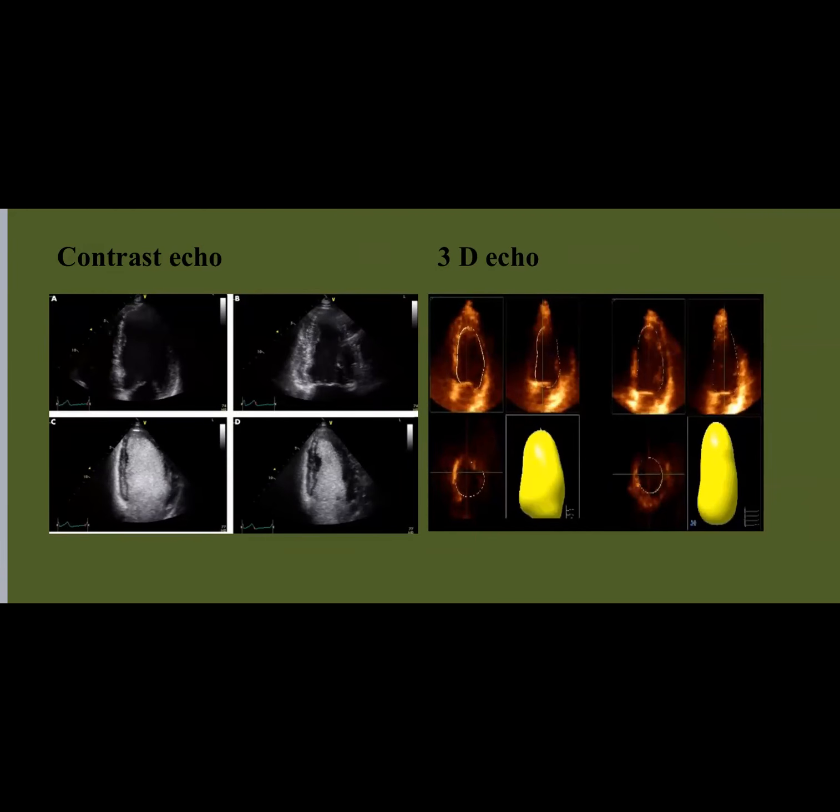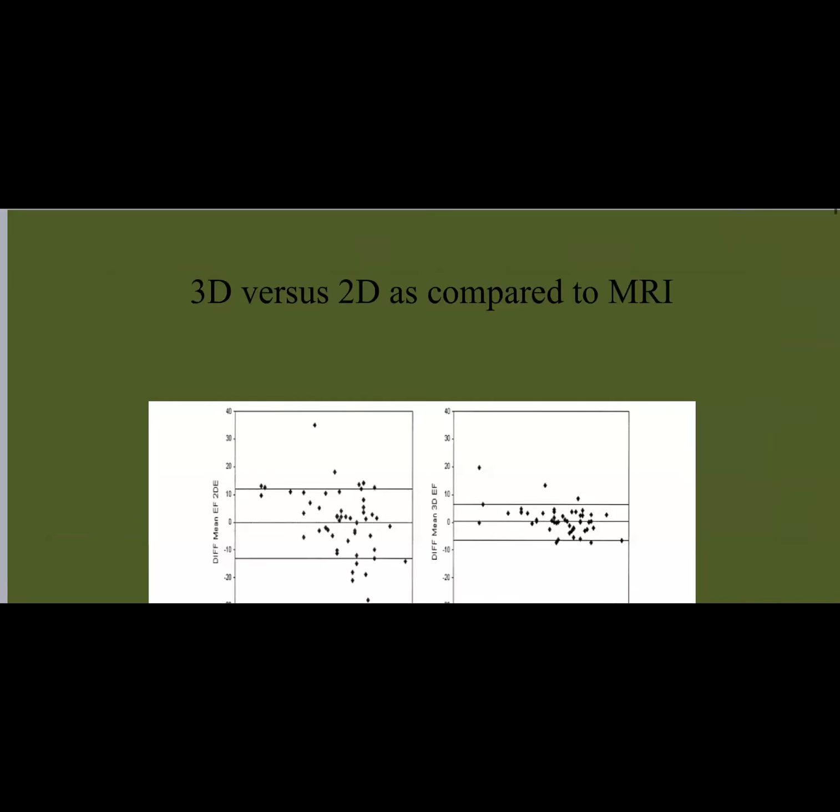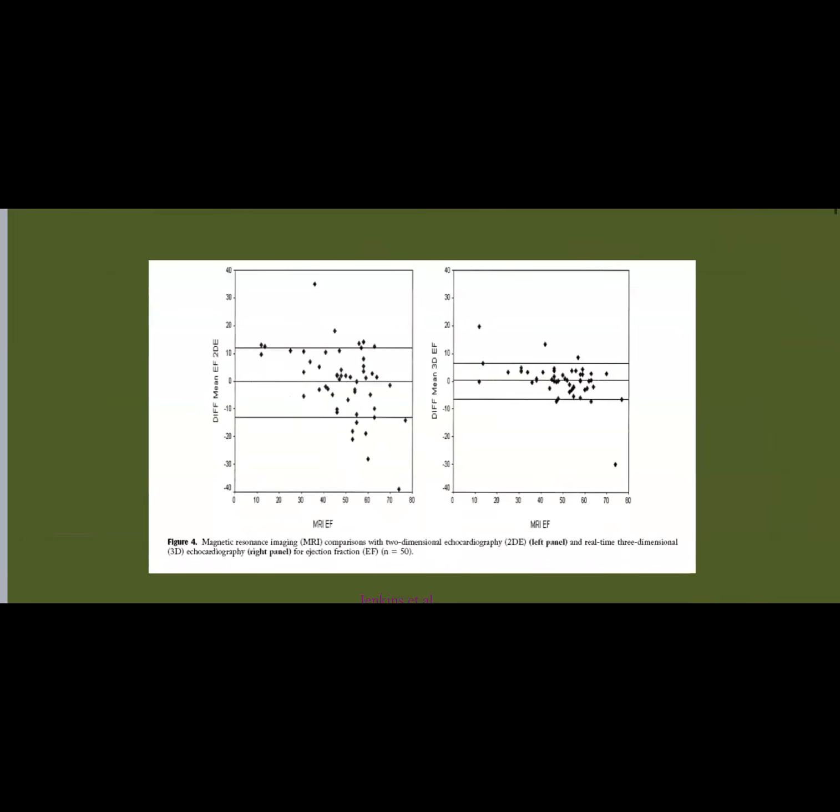They have compared 3D versus 2D as compared to the MRI. And why MRI? Because MRI is our gold standard in ejection fraction. And see the difference. The graph on the left reflects the comparison between MRI ejection fraction and 2D ejection fraction, which is Simpson. And the one on the right, the ejection fraction in MRI and 3D.